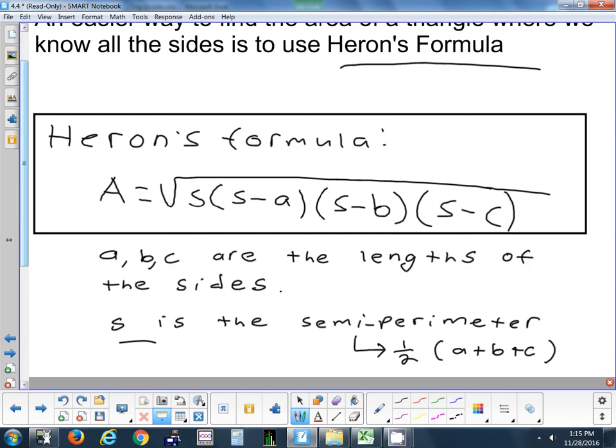It's half of the perimeter. And you'll never be given the semi-perimeter. They'll give you A, B, and C. You add them all up and then divide by 2. That's the semi-perimeter. So if you remember it as sum, that's actually a good way. Because to find the perimeter, you have to sum, but then don't forget to divide by 2.